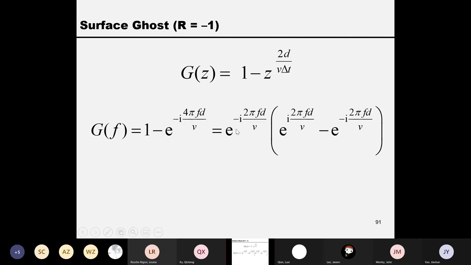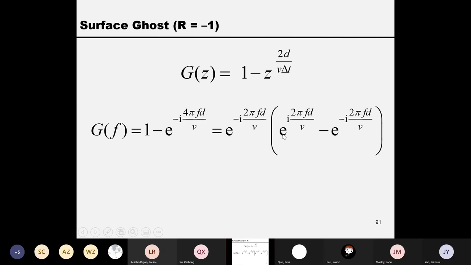Now, this is a very simple calculation of complex values. Here is 4, so I just take out half of this to have e to the minus i 2 pi f D over V in the front. Inside, we have one positive, one negative. Why do I do that? Because I can cancel the cosine part.